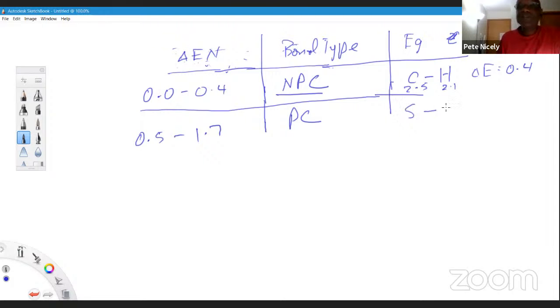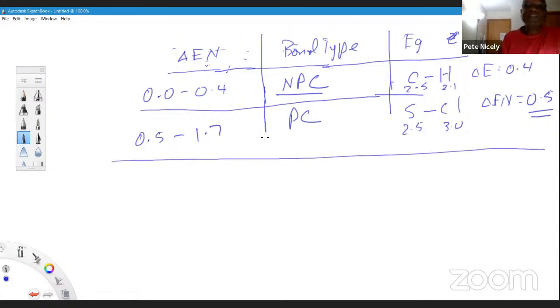According to the table, sulfur has a value of 2.5 and chlorine is 3.0. So the difference in electronegativity values would be 0.5, which falls within this range. Therefore that bond is said to be polar covalent.